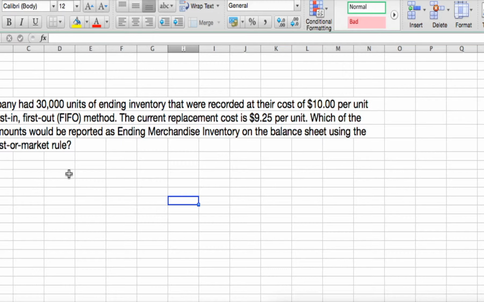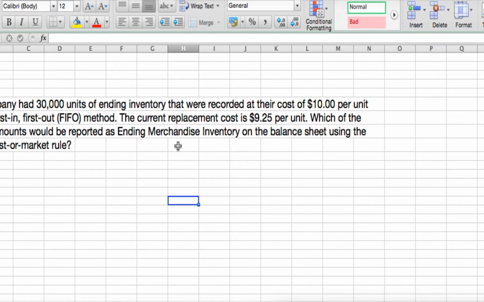So if I had been using the first in, first out method, recording units that I sold as if I'm selling the earliest unit that was in my inventory, they're telling me that the 30,000 units I have left over using that system are valued at $10 per unit under my current system. However, to replace each of these units, it only costs $9.25.